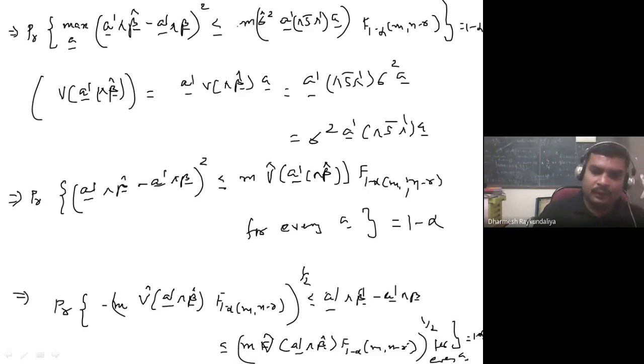Okay. So now if you take a dash lambda beta cap to this side, what happens? It is minus a dash lambda beta cap minus this, less than or equal to minus a dash lambda beta.